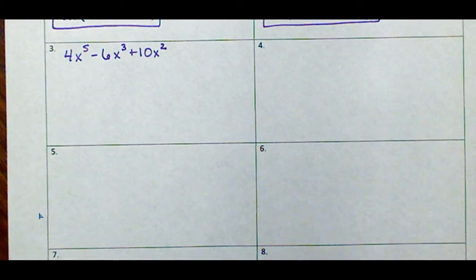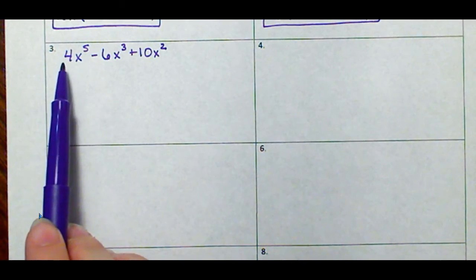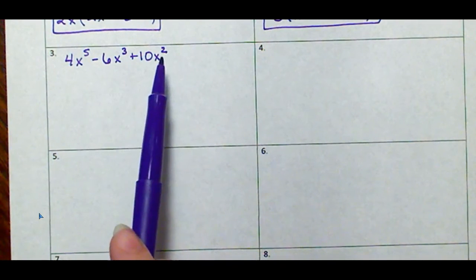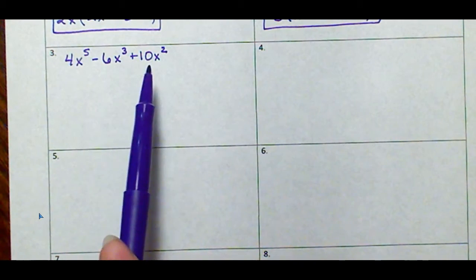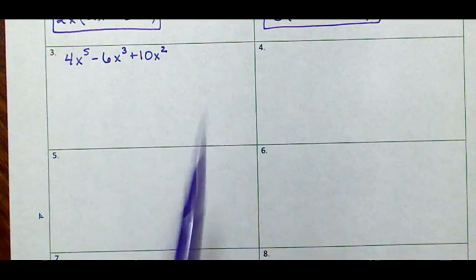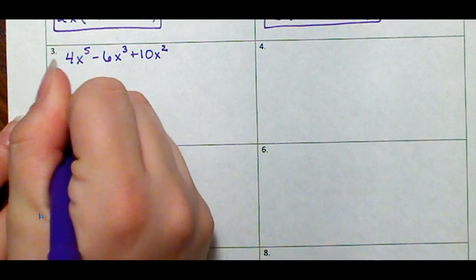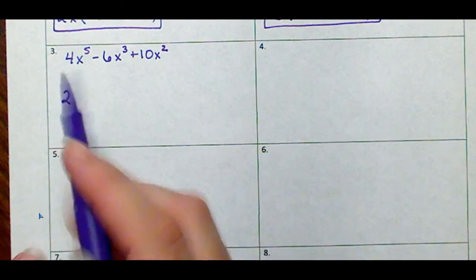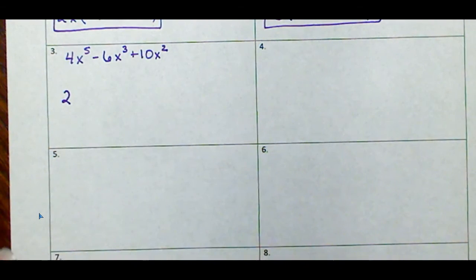But 4, 6, and 10 are all even numbers, which means the number 2 goes into them evenly. Now, if I divide 4 by 2, that's 2. If I divide 6 by 2, that's 3. If I divide 10 by 2, that's 5. And as far as I know, 2, 3, and 5 have nothing that go into all of them. So that means that 2 is going to be our greatest common factor. It's the biggest number we can divide evenly into all 3 of those numbers.